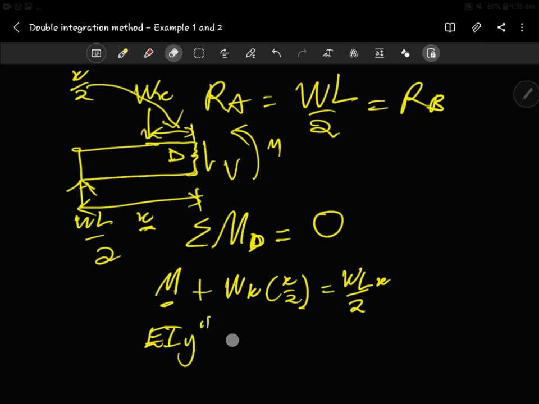If you make that the subject, it becomes W L x on 2 minus W x squared on 2.